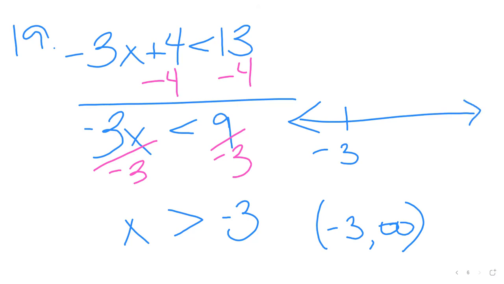Open dot, since we're not allowed to equal negative 3, and then pointing to the left. I'm sorry, my bad there, pointing to the right. You want to use the marker over here. There was some reason I made so much room over there. It's getting ahead of my thought. x greater than negative 3.